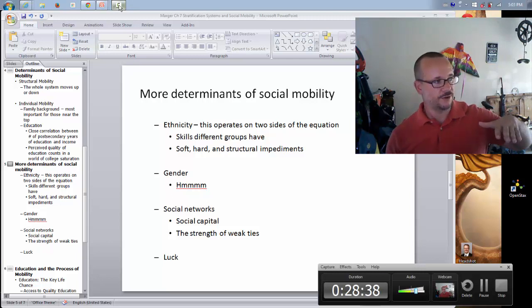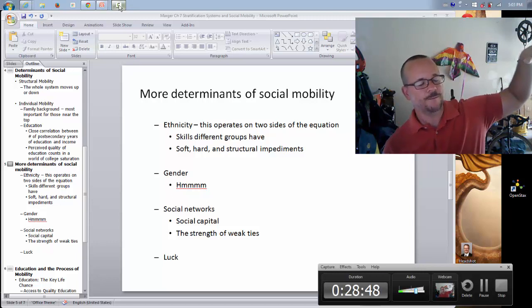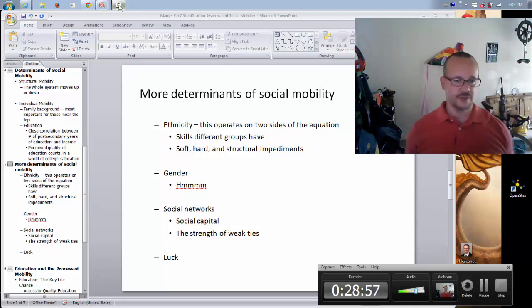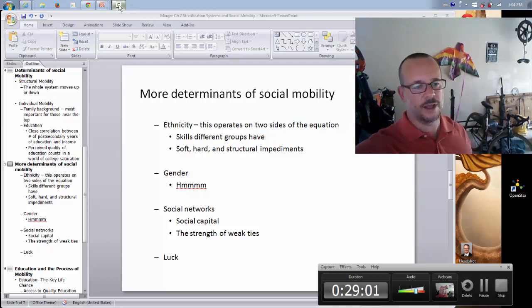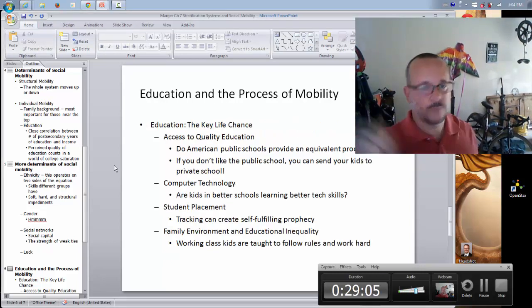And since those opportunities are coming through my network, if my network is working class people, then I'm going to get working class opportunities. If my network is middle class people, then I'm going to be getting middle class opportunities. You get the idea there. And then there's luck, and what do you say about luck? All right, luck is important.